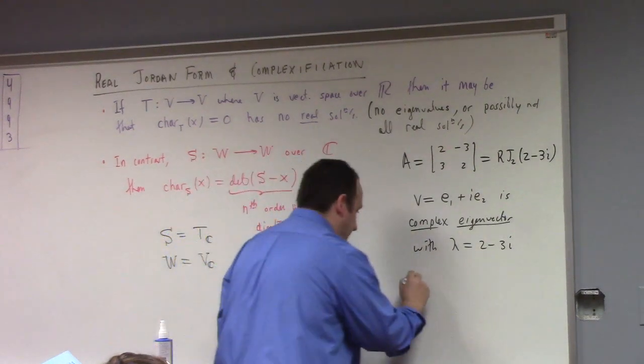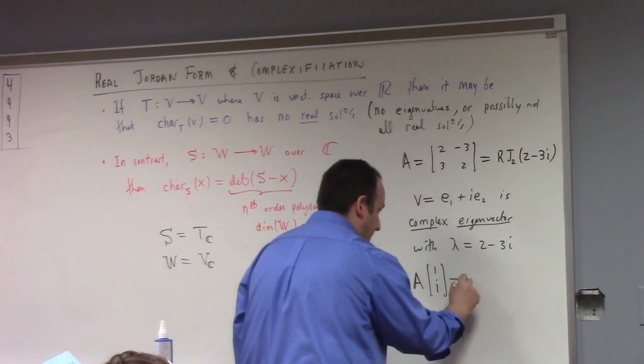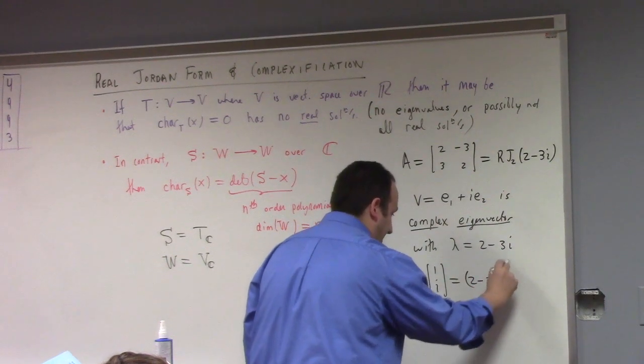In other words, you can check that A times (1, i) is equal to 2 minus 3i times (1, i).